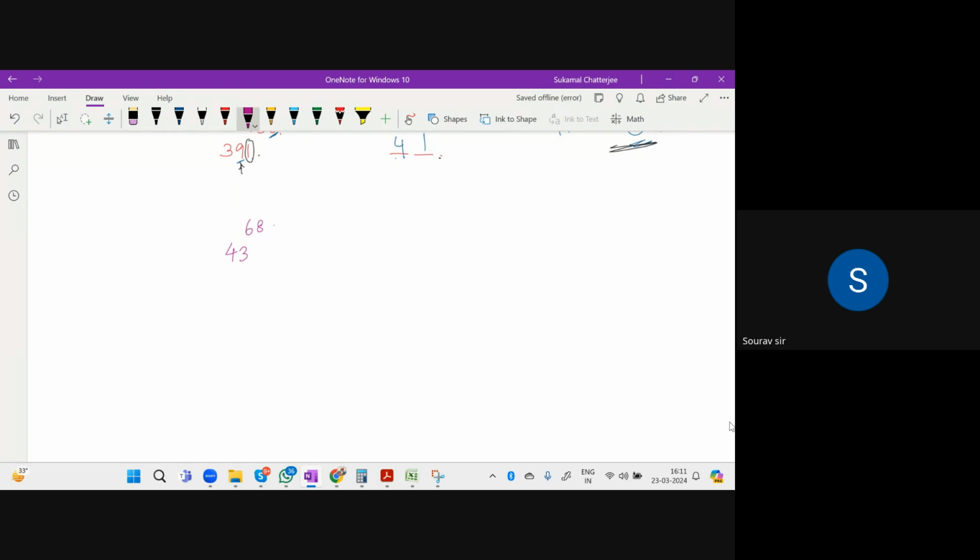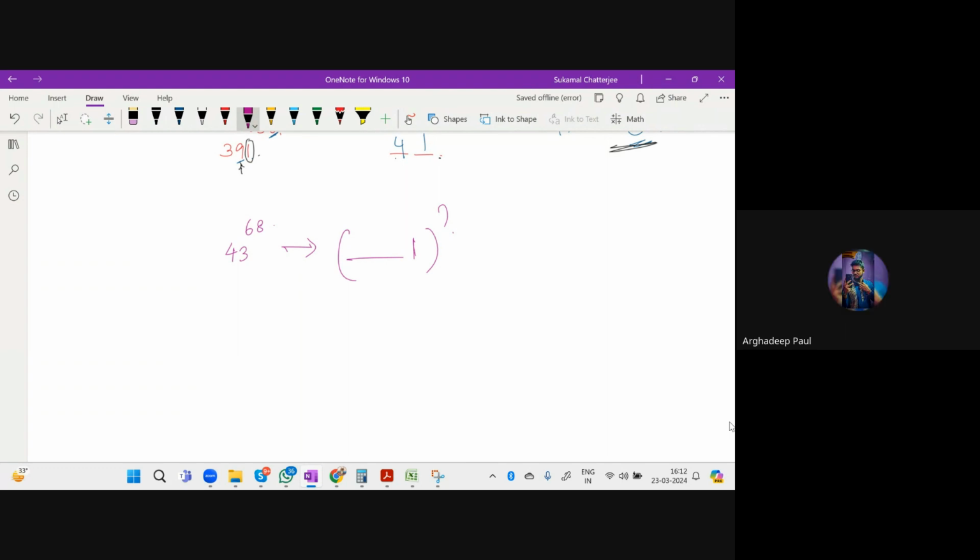In order to do it using that rule, what do I need? I need a number whose last digit would be 1 and that power will be something. Correct? If I can somehow convert this number to a number whose last digit is 1 and the power is something, then I can use that rule.